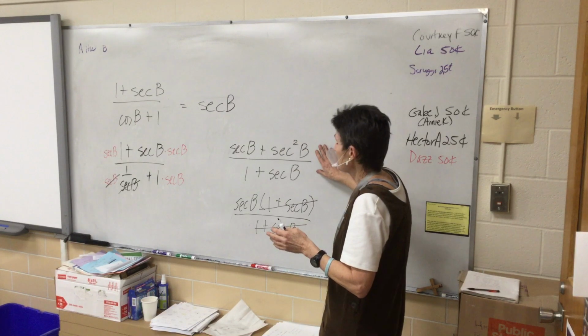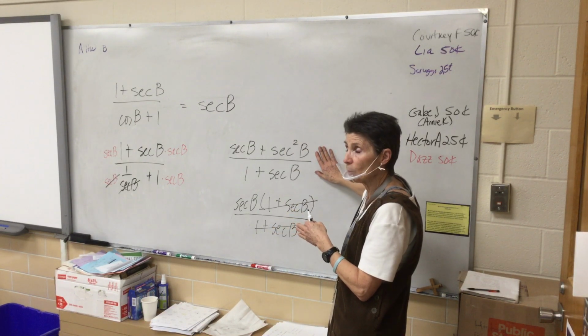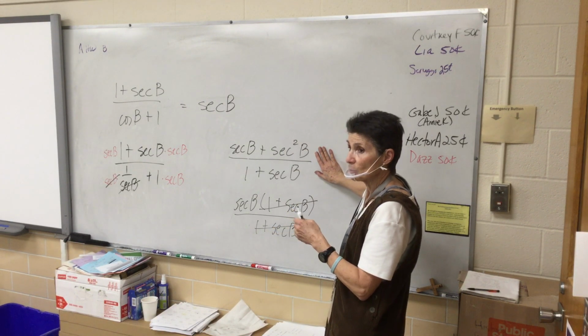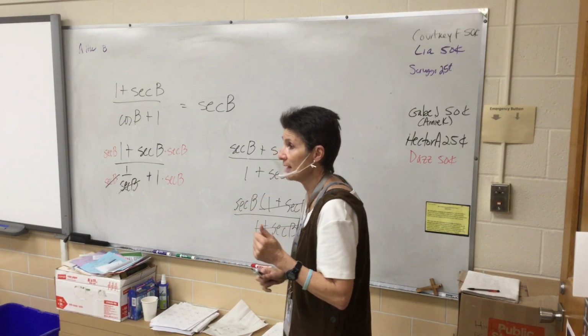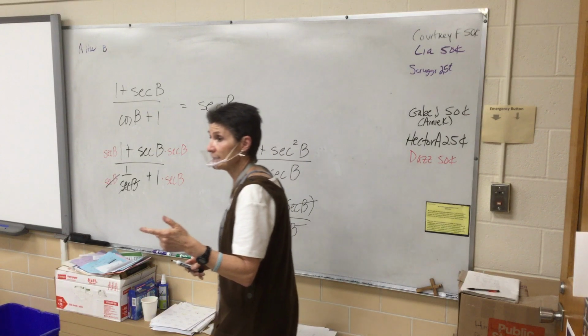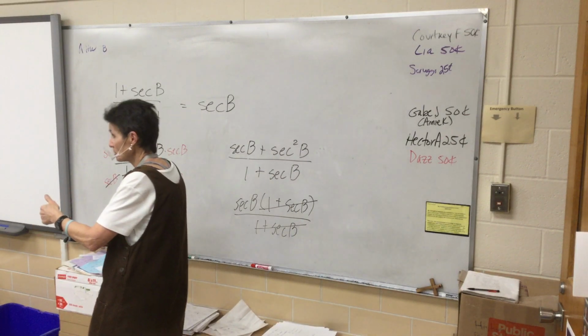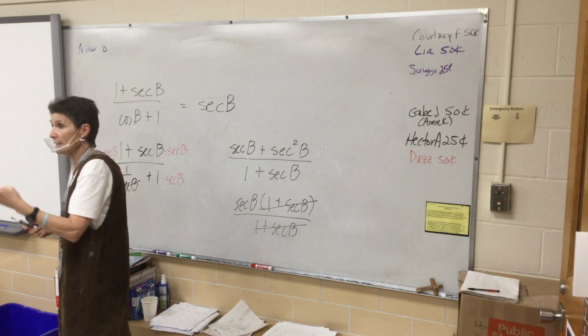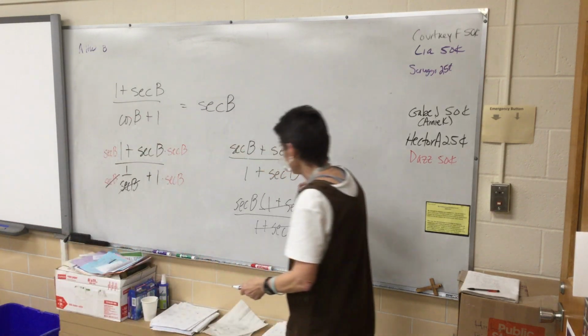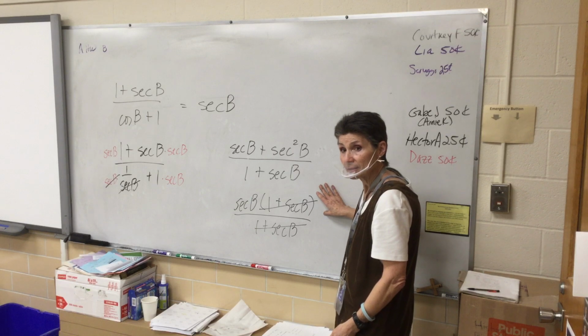Then we noticed that, whoa, this is way bigger than what I want. There's only 2 ways, or I guess 3 ways, to make big things condense. One is to use an identity. Like if you have a sine squared plus a cosine squared, you make it a 1. That's simpler. Another way is to factor and cancel.